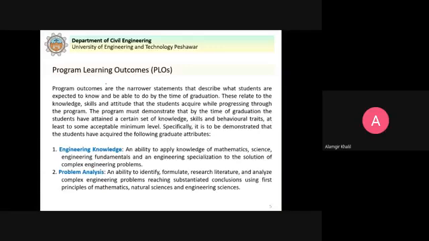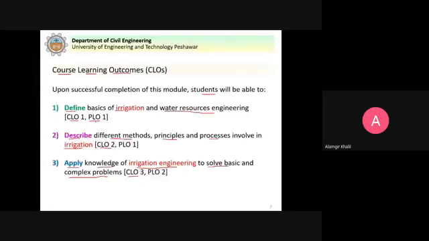Now these program learning outcomes, which you must have a good idea of so far, these PLOs, the first one is engineering knowledge, which is linked here. You can see PLO1 here.